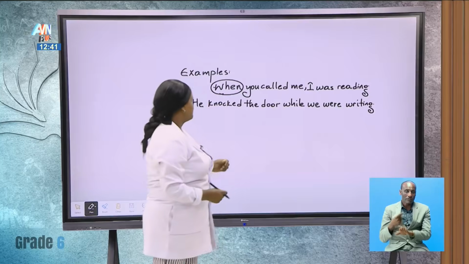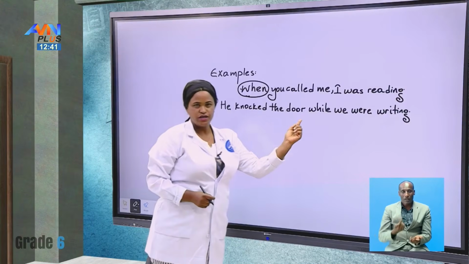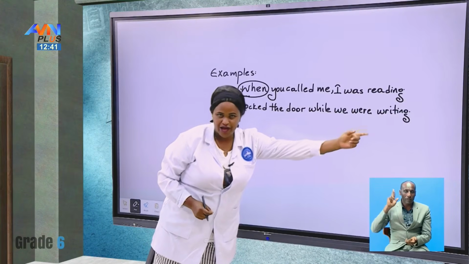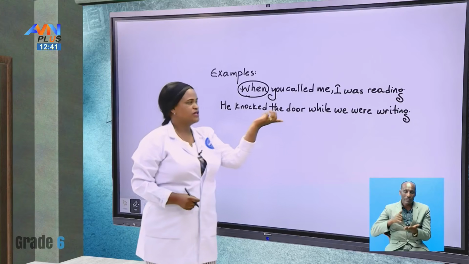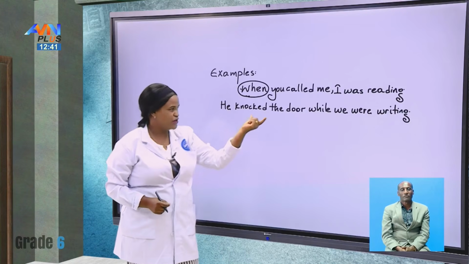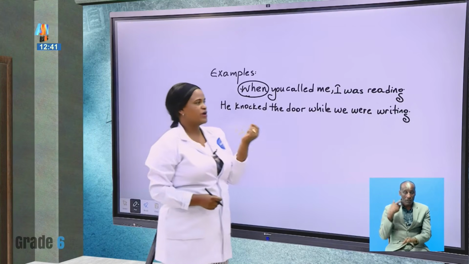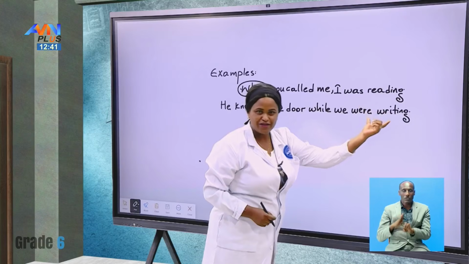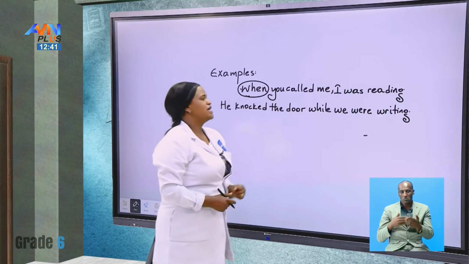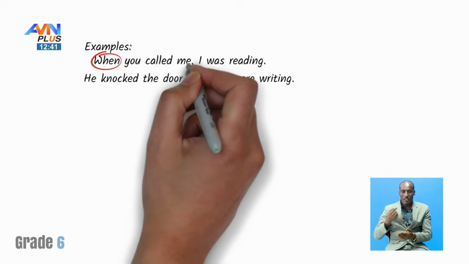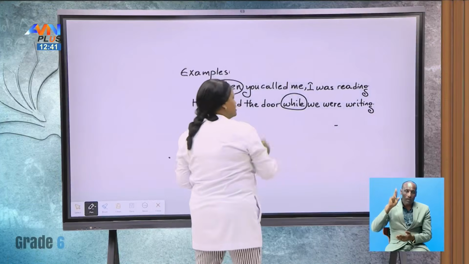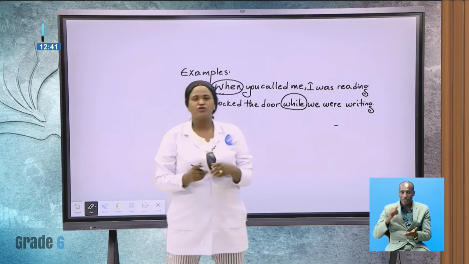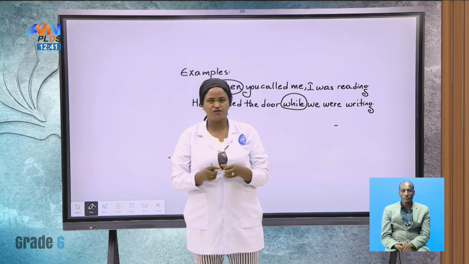Look at this. He knocked the door while we were writing. He knocked the door, simple past, whereas we were writing, past continuous. In the middle, we use the conjunction while. Now, do you remember what we have said, how and when to use them?